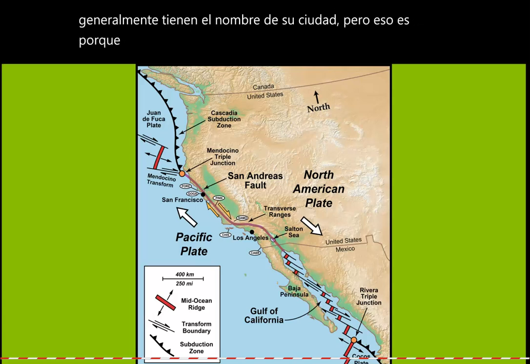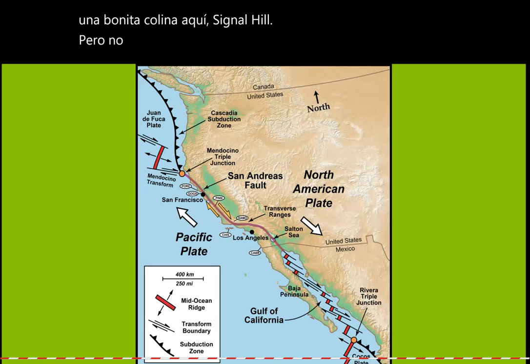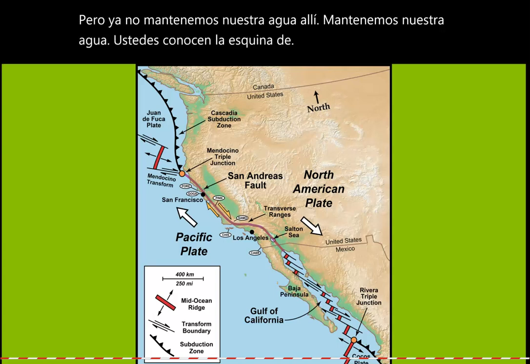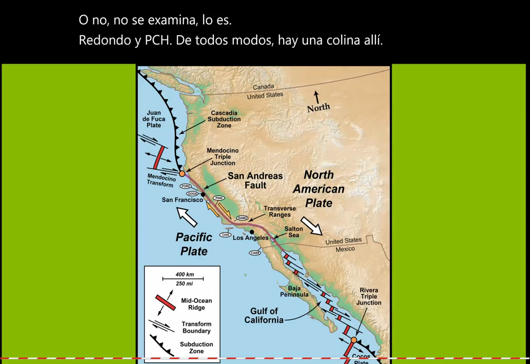Long Beach, we got a nice hill over here, Signal Hill. But we don't keep our water there anymore. We keep our water at the corner of Redondo and PCH. There's a hill there. We keep the water up there.